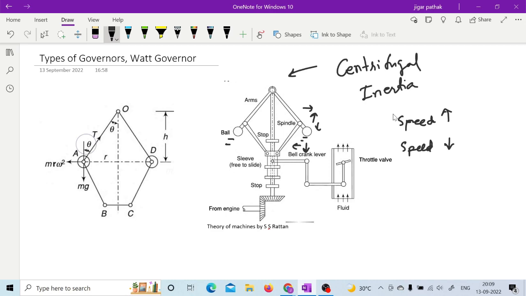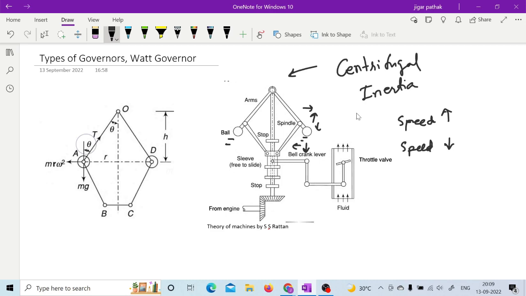Sir, yes sir, please again tell the difference of what you were telling about. See, here in case of the centrifugal governor, only these fly balls which we have used are going to govern the throttle valve's opening and closing, right?